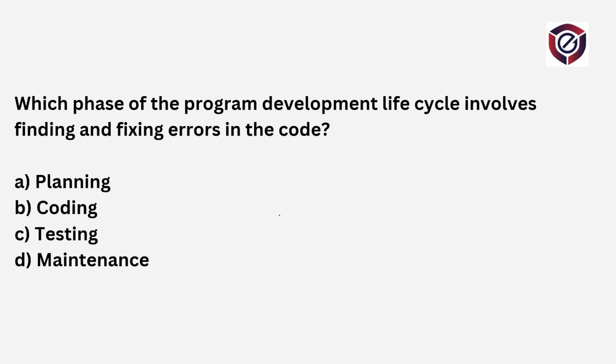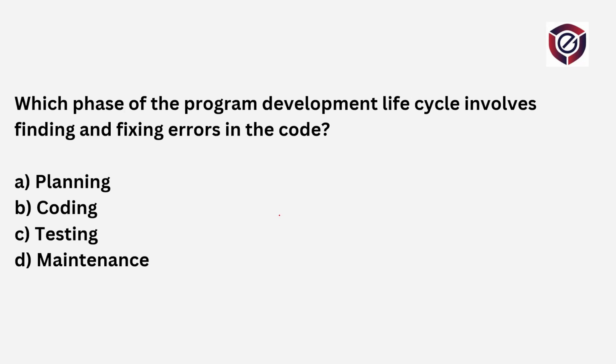Whenever we want to find and fix errors, it is done in the testing step, because planning is like having an overall plan, like estimation of the cost and estimation of the technologies to be used, whereas coding is developing the application by writing code.